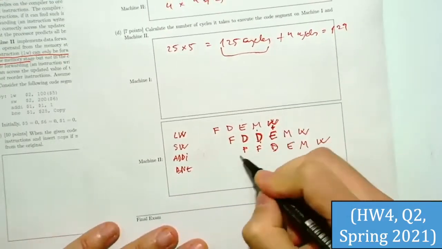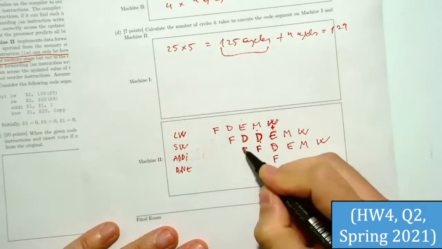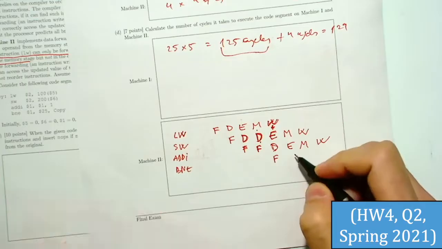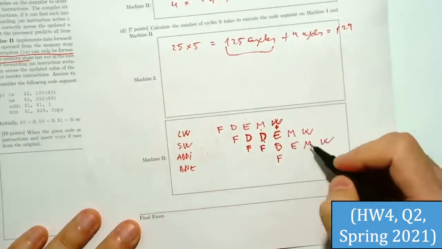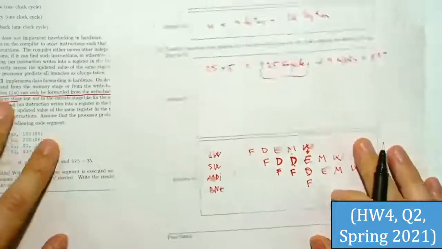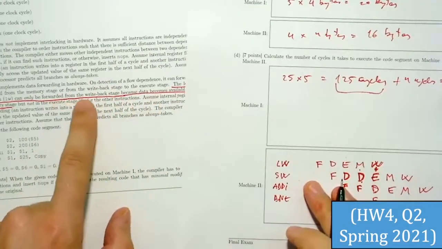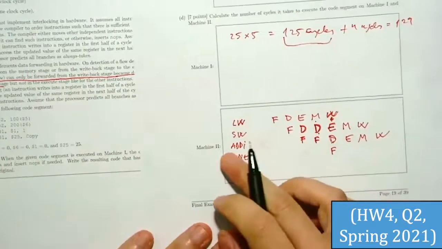So the branch can only be fetched in this stage because this is occupied by the previous instruction. So here we have a dependency. In these dependencies, we can forward from the memory stage in this case, because this is not a load instruction.